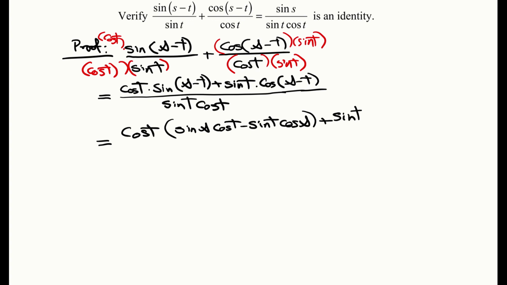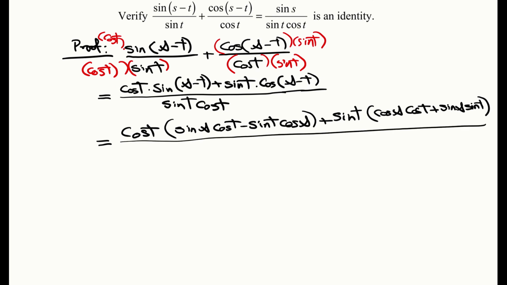And of course, we learned that identity the other day and we reviewed it today. So we'll get cosine s cosine t plus sine s sine t. And that is all over sine t cosine t.